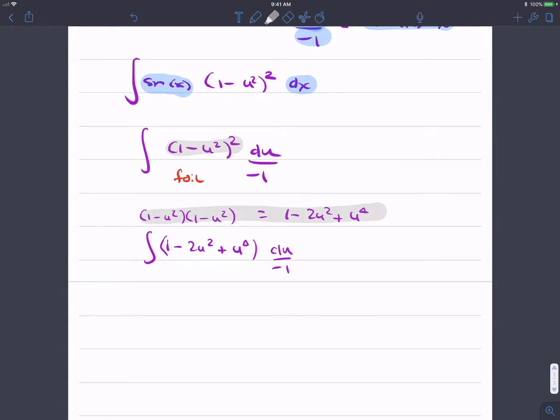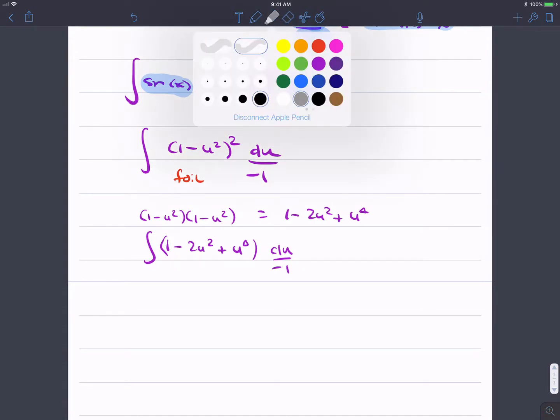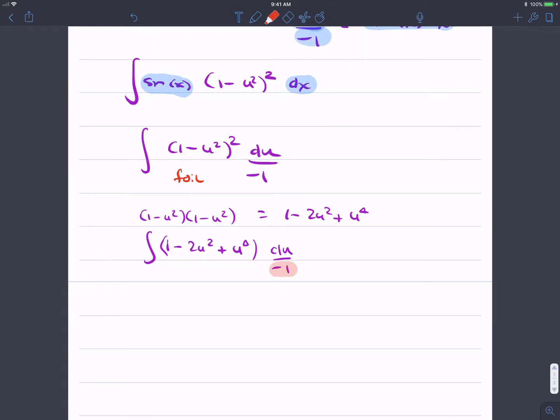Now we're dividing here again by that negative 1. That's going to change all my terms here. They're going to become opposite. So this integral will be now negative 1 plus 2u squared minus u to the 4th du.